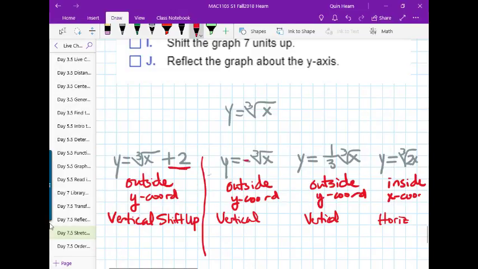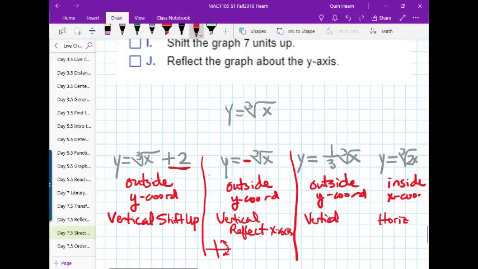On the other hand, if we negate on the outside, we're negating every y value. So every one that was positive becomes negative and vice versa. We're going to have a reflection. Is it going to be a reflection over the x-axis or the y-axis? Well, it's the y coordinates that are changing, from bottom to top or top to bottom. So you're reflecting over the x-axis.